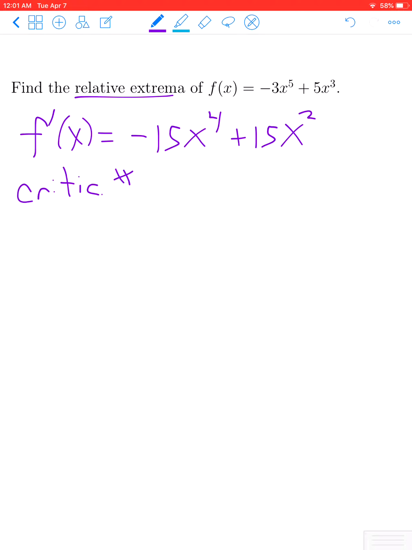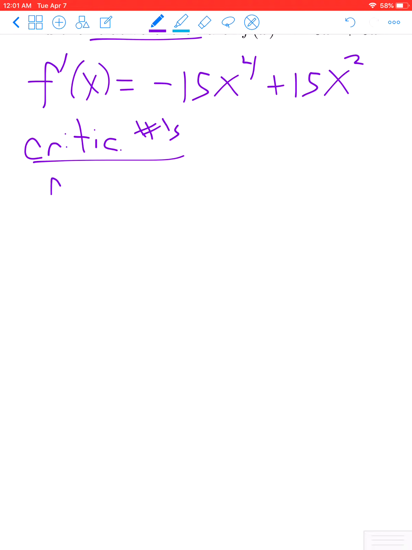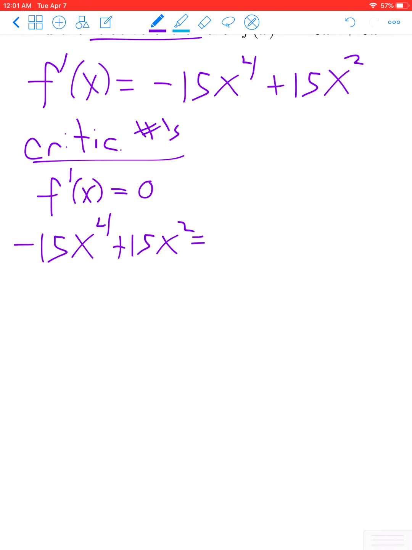For our critical numbers, let's go ahead and set the derivative equal to 0 first. That is, where is negative 15x to the fourth plus 15x squared equal to 0? We can pull out a GCF of negative 15x squared. That'll leave us with x squared minus 1 equals 0.